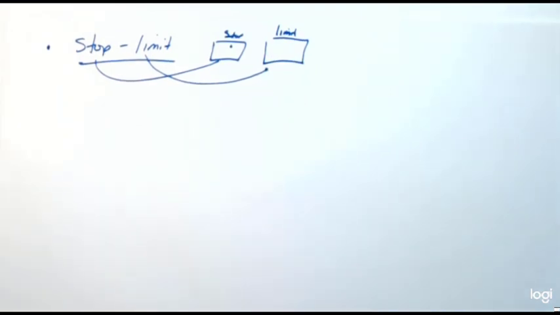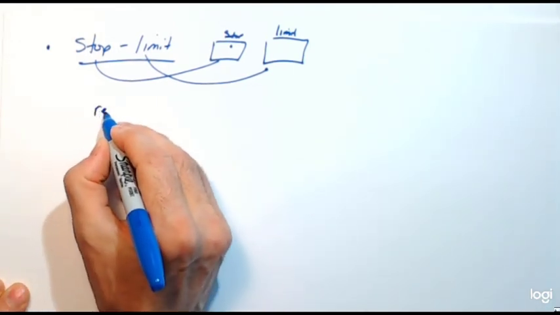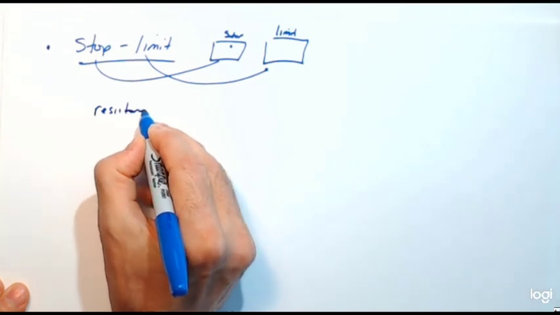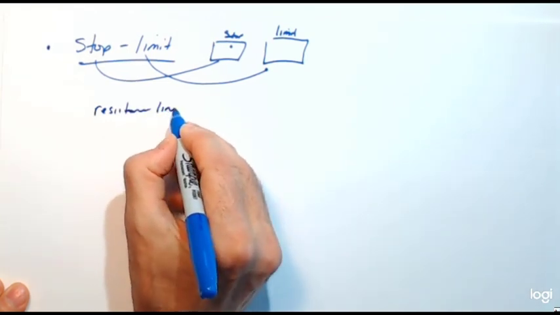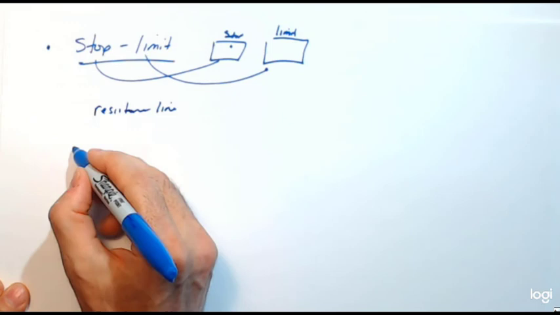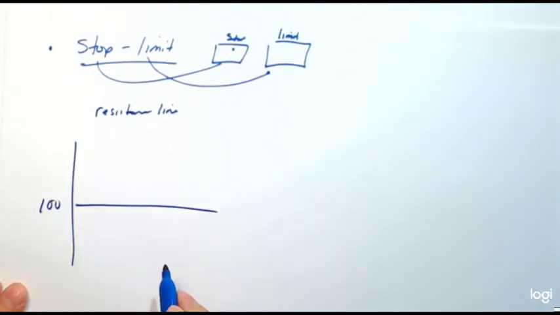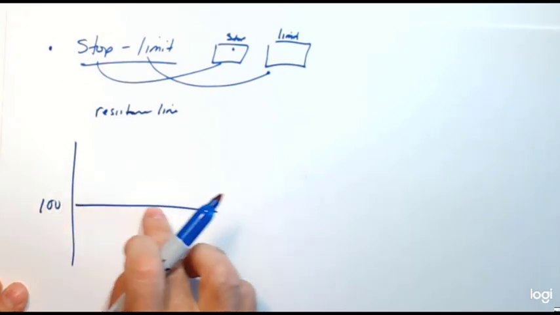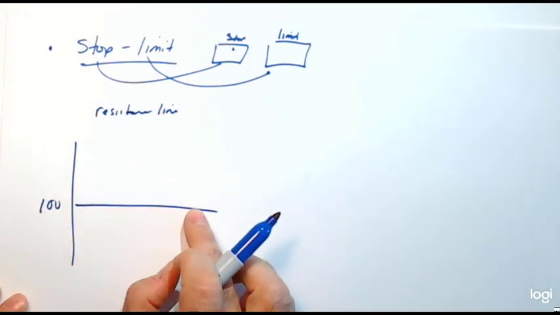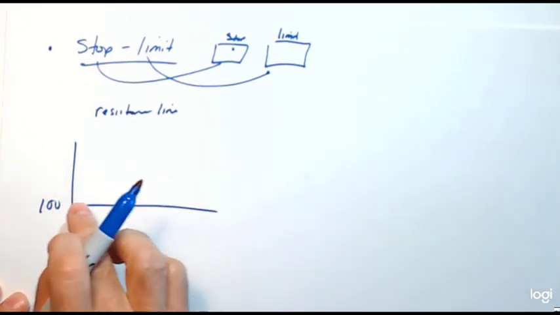Now, let me give you an example of a stop limit buy. It happens to be consistent with the resistance line concept that I showed you before. Here we have a situation where we have a nice big round stock price. People tend to trade at nice round numbers.